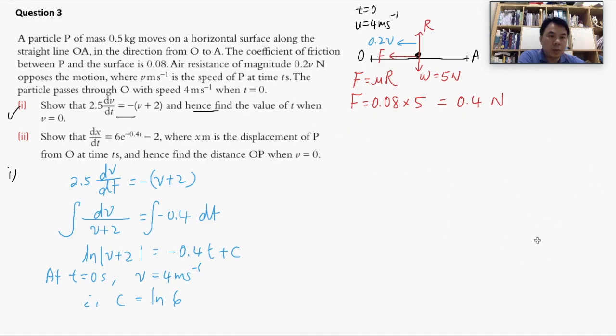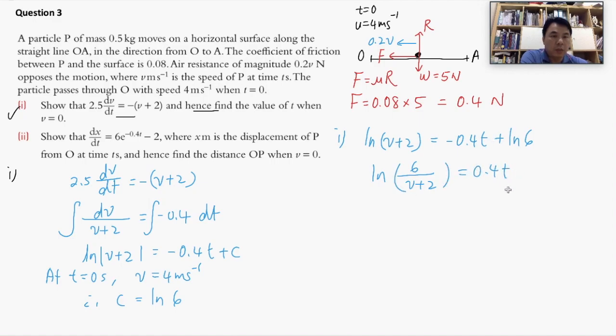Much place to write here. So we are still on number 1. Therefore, we can write this as ln(v plus 2) equal to negative 0.4 t plus ln 6 there. So from here we can write ln(6 over (v plus 2)) is equal to 0.4 t, for instance.